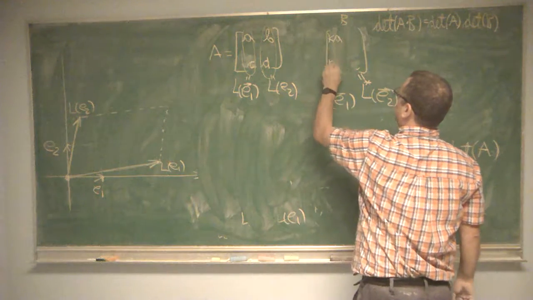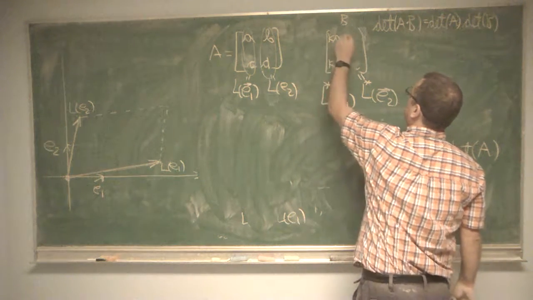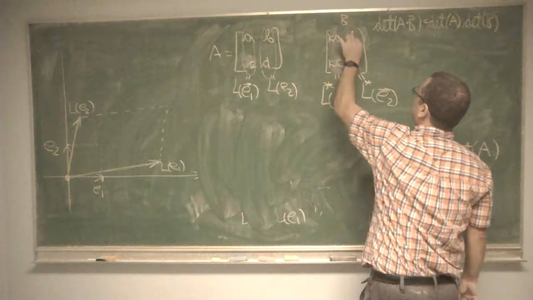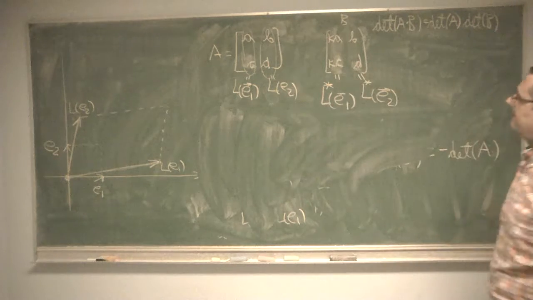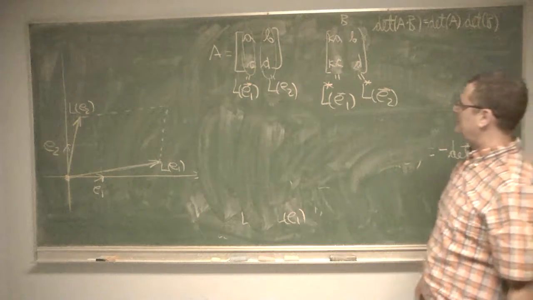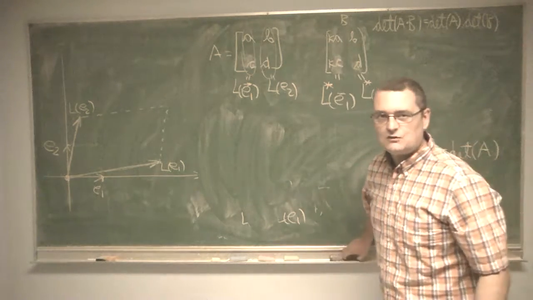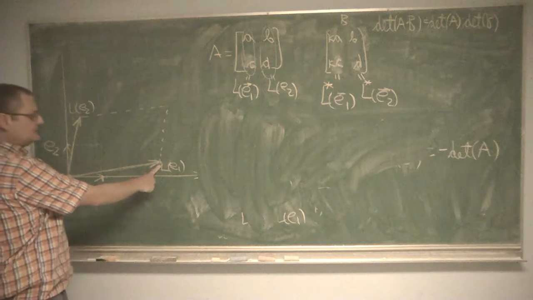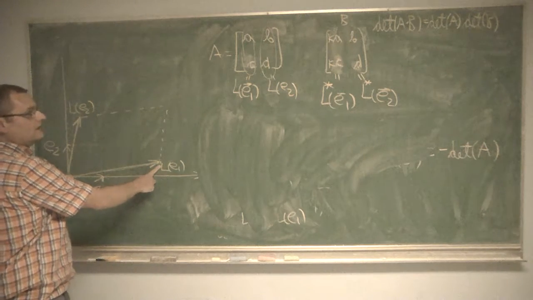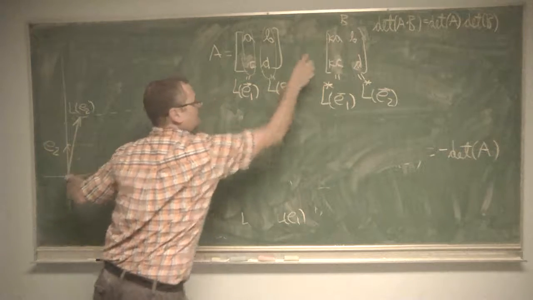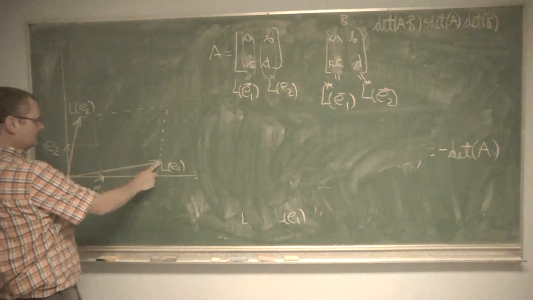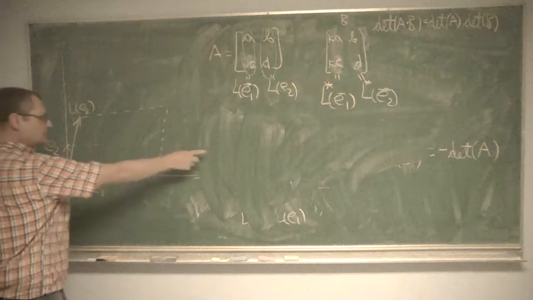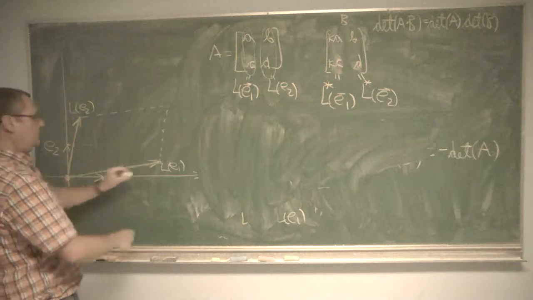So I have the first column is ka, kc, and this one is b, d. Okay, what's the effect of that? Well, let's say k is the scalar 1.5. So this is my vector (a, c), okay? But what is vector (ka, kc)? Well, I multiply this vector by a factor 1.5. So that means I stretched it by a factor 1.5.